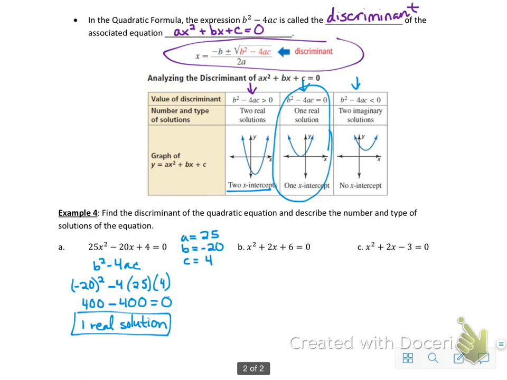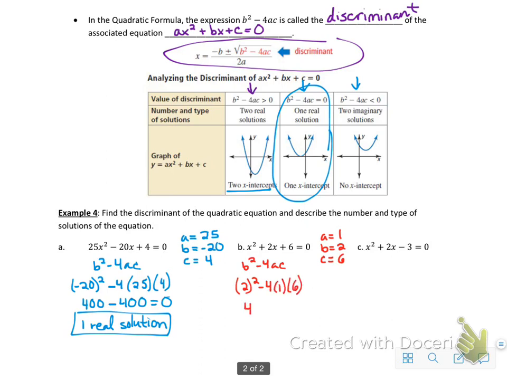Let's do that again. So for b, let's write down our letters. We have A, B, and C. A is 1, because remember, if there's nothing written in front, it's just a 1. B is 2, and C is 6. So we have b squared minus 4ac. That's what we're filling in. So 2 in parentheses squared minus 4 times 1 times 6.